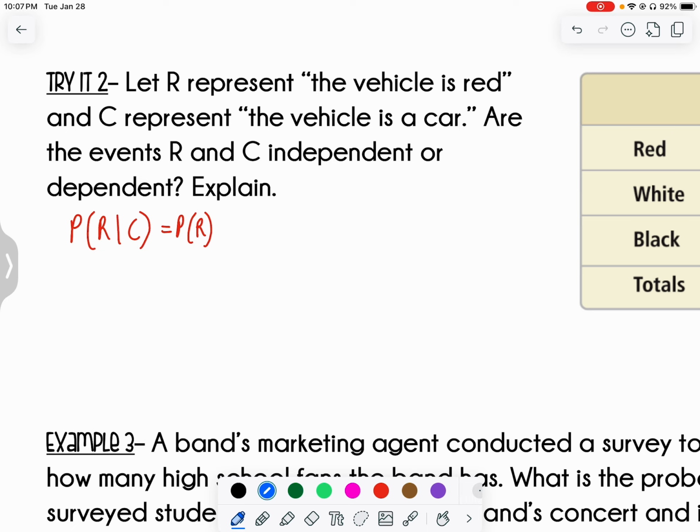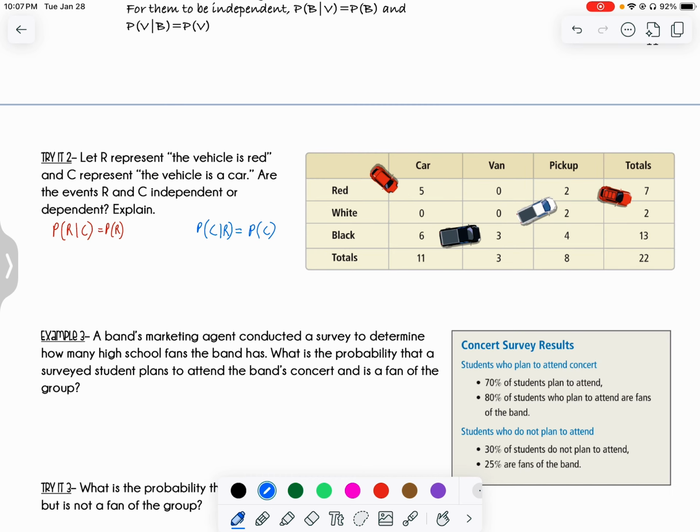But we also need the other one. Is the probability of C given red equal to the probability of C? Knowing that it's red, does that change the probability of it being a car? Go ahead and try and calculate both of those and come to a conclusion afterwards. Be like, oh, they are equal, so maybe they are independent. Or, oh, they're not equal, so they're not independent.